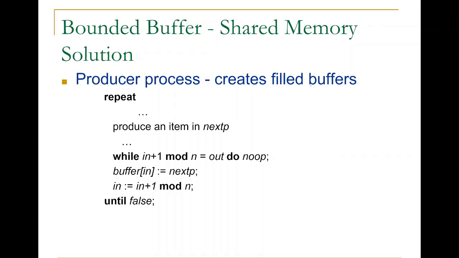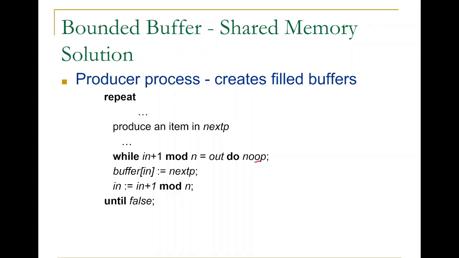The producer process fills the buffers. Repeat: produce an item in next P, while in plus 1 mod n is equal to out, do noop. Noop means no operation. Then buffer of in is equal to next P, and in is equal to in plus 1 mod n.